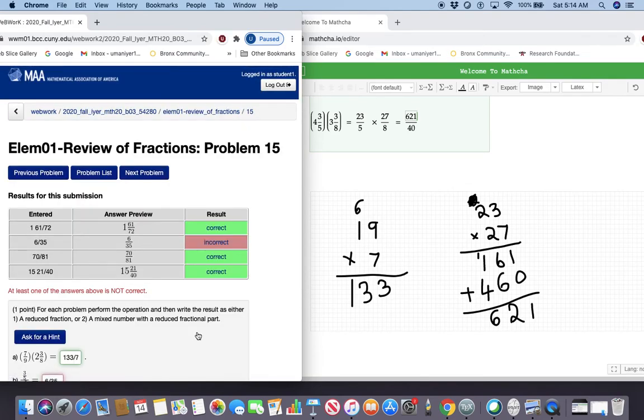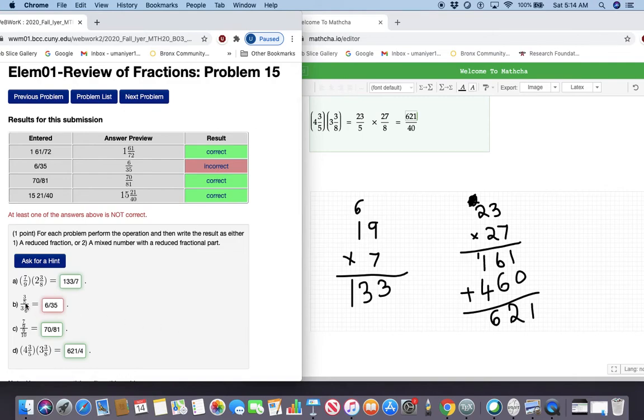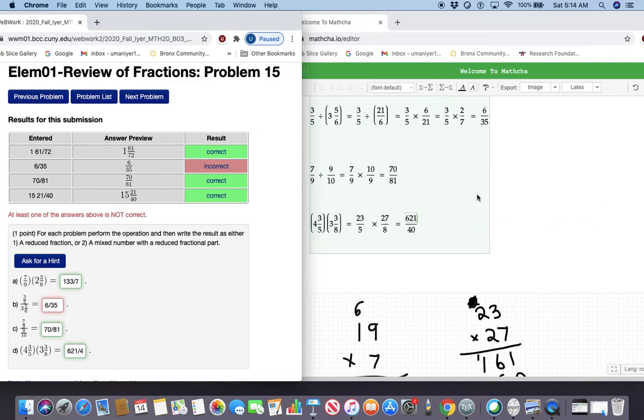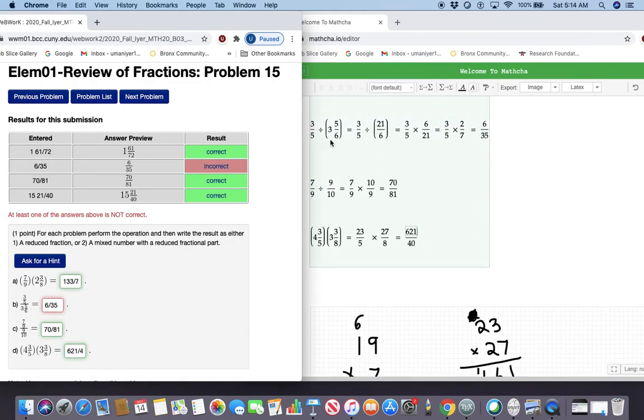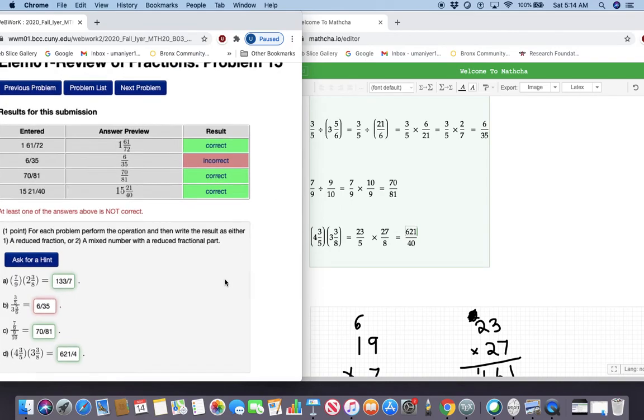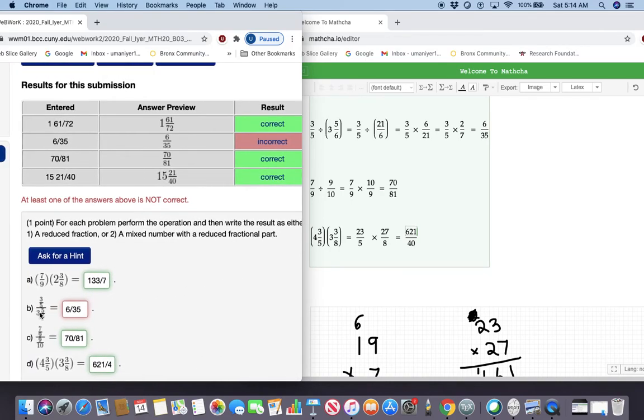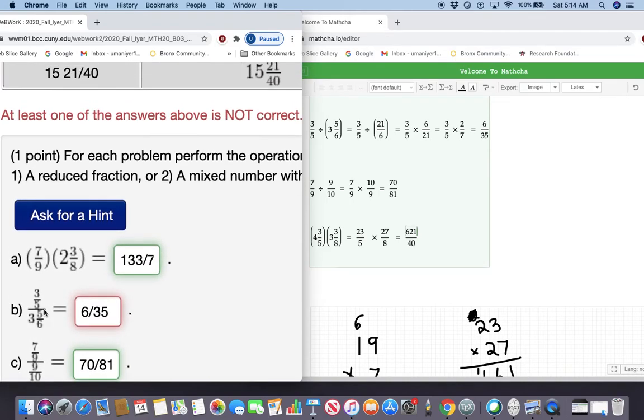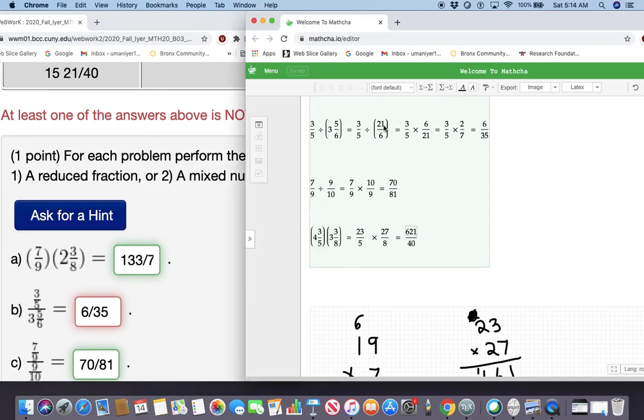Uh-oh, did I make a mistake? Let's see what happened there. I hope I copied the question correctly: 3/5 divided by 3 and 5/6. 3 times 6 plus 5 is 23.